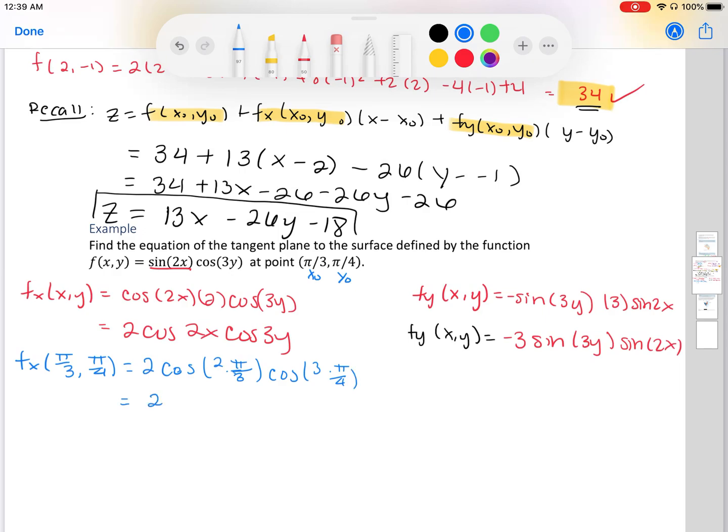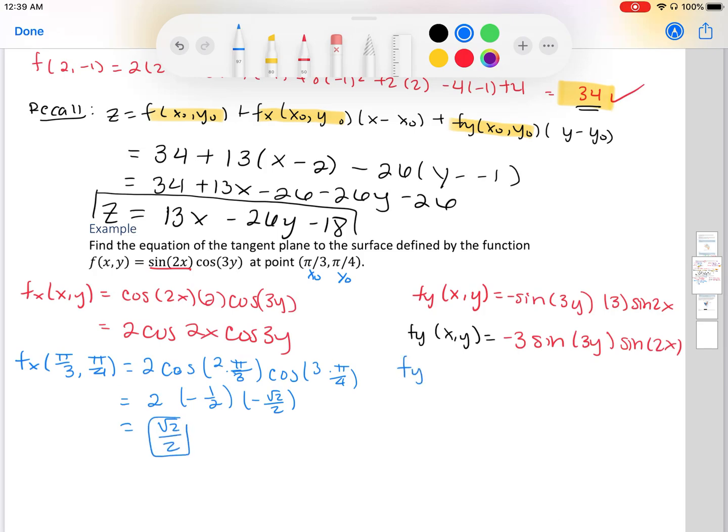So this gives us 2 times cosine at 2 pi over 3, which is negative 1/2, and cosine at 3 pi over 4 is negative square root of 2 over 2. So that we get as an answer square root of 2 over 2.